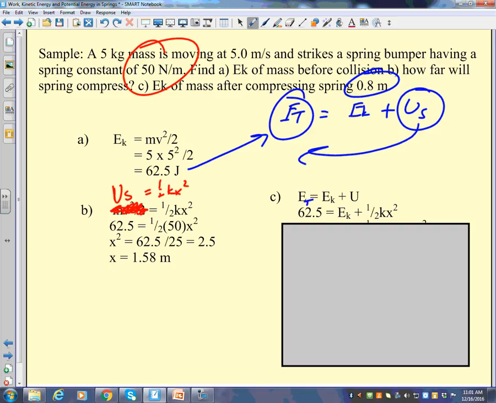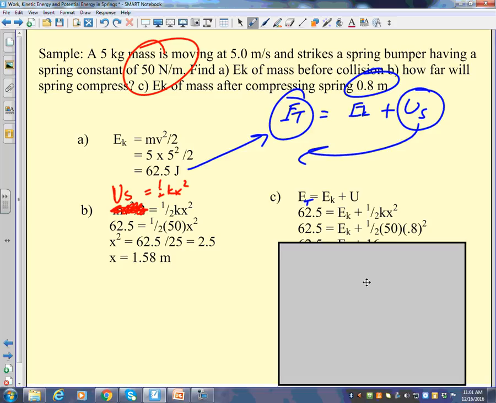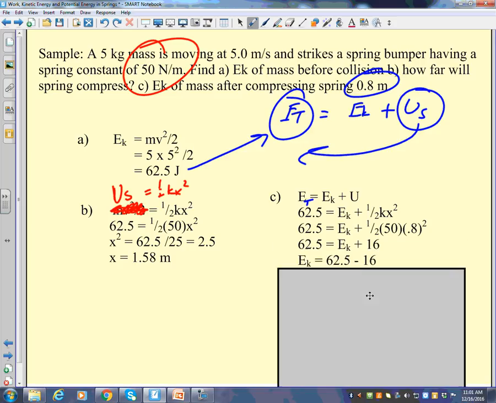ET is equal to EK plus US. Total is 62.5. How much kinetic energy? US is 1/2 kx squared. These are easy.